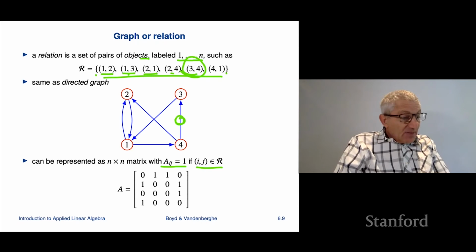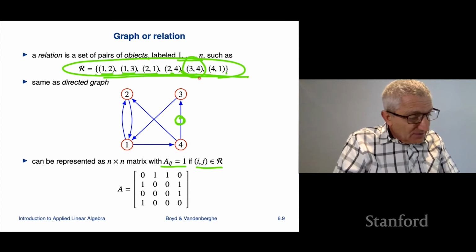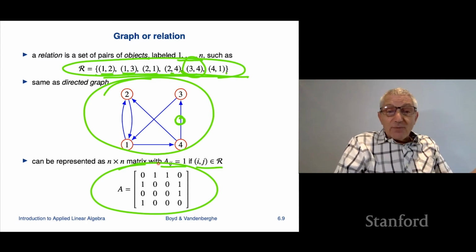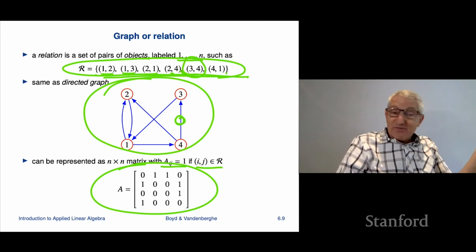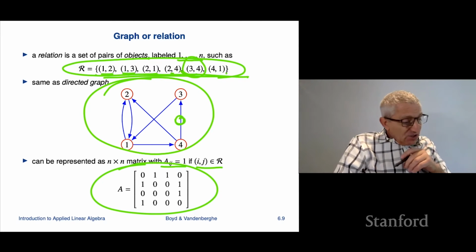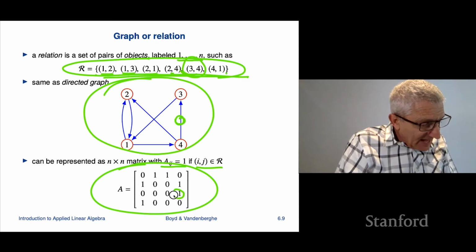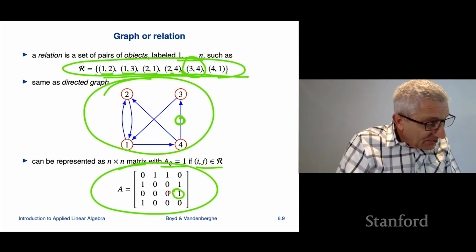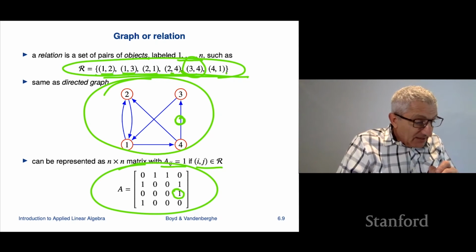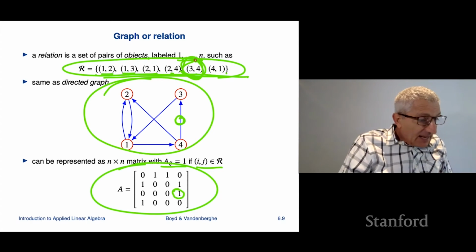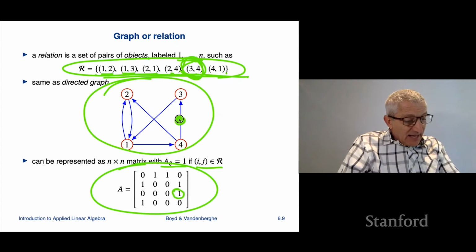So this relation and this graph and this matrix all describe the same thing. And we can check here. Let's see what that means. Well, that's the (3, 4) entry, and so that corresponds to this element right here, and it's the same as this one, that edge.